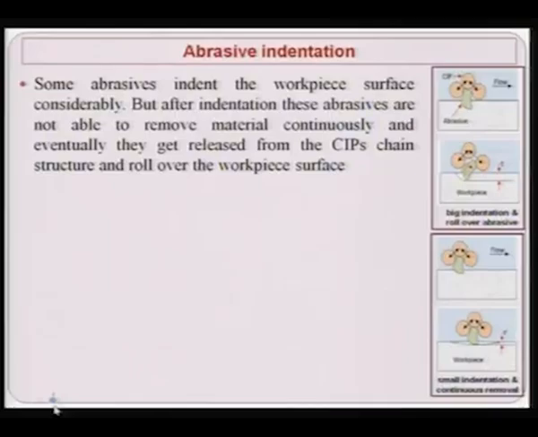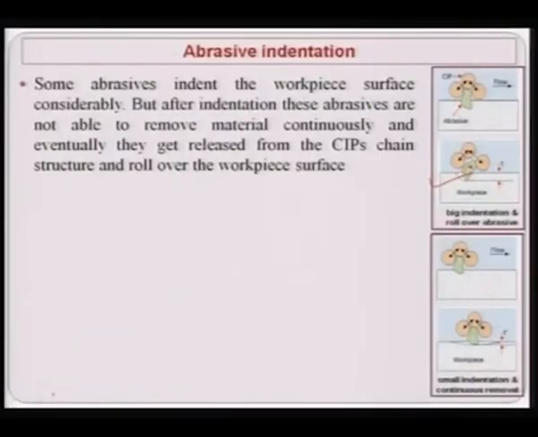As I have mentioned earlier, if the normal force is too high, then the abrasive particle penetrates quite deep inside the workpiece surface, and to remove the material, the tangential force also should be large enough to remove the whole amount of material. But if it is smaller, then the chain structure will break, and the abrasive particle, as you can see in the second figure, will itself rotate such that the depth of penetration decreases, and with the lower depth of penetration it will be able to remove the material from the workpiece.